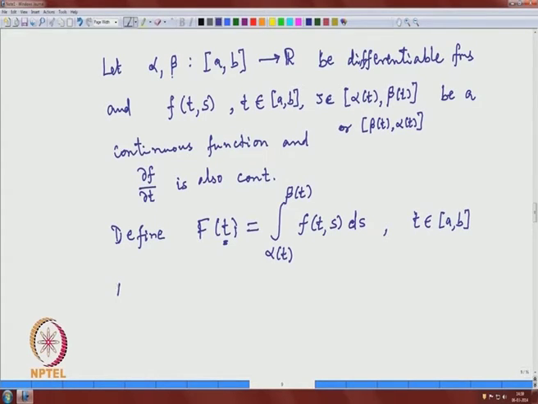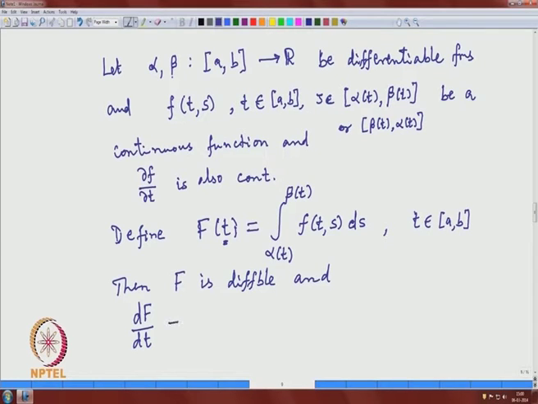So, then F is differentiable and so this is the formula. It is not really difficult to prove it, just like you do in the previous case. You write F of t plus h minus F t by h, and then you manipulate the integral limits, you will get it.